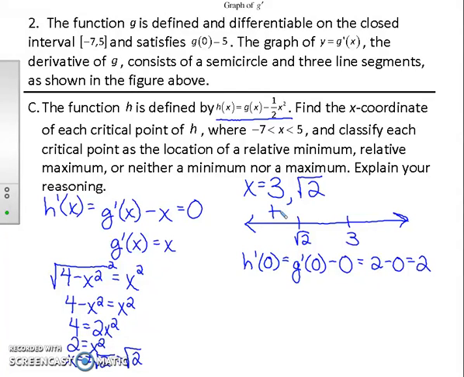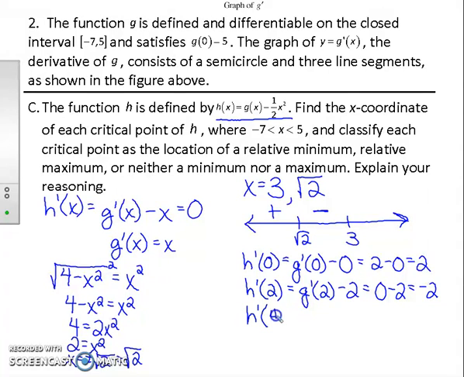Between square root of 2 and 3, you could use 2. So h prime of 2 would be g prime of 2 minus 2. G prime of 2, looking at the graph there, when x is 2, y is 0. So this is a negative value. And then for the last interval, we could use 4. So you would do g prime of 4 minus 4.